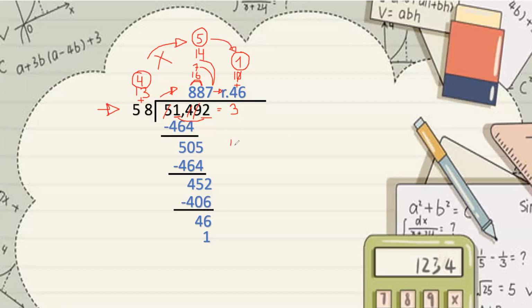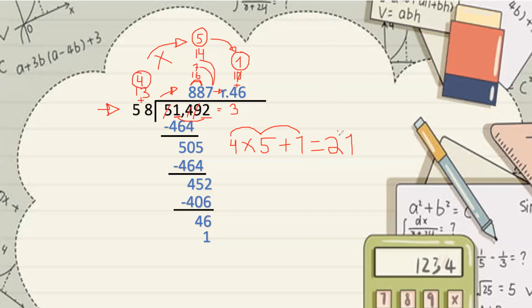Okay, so 4 times 5 plus 1 equal 4 times 5, 20. 20 plus 1, 21.